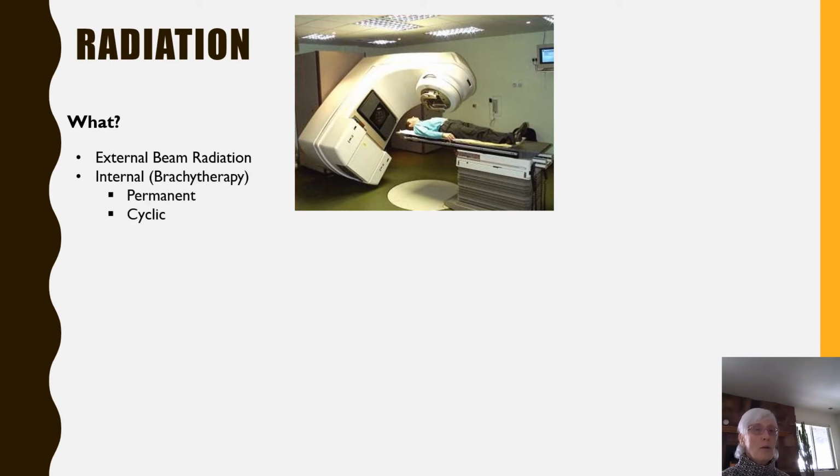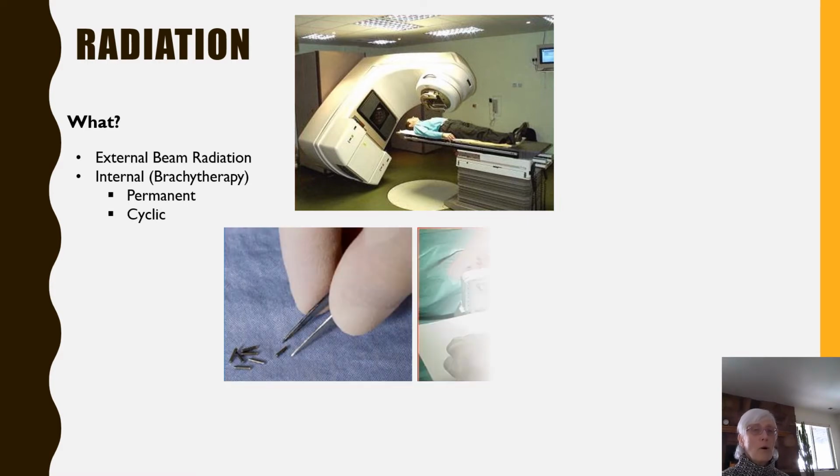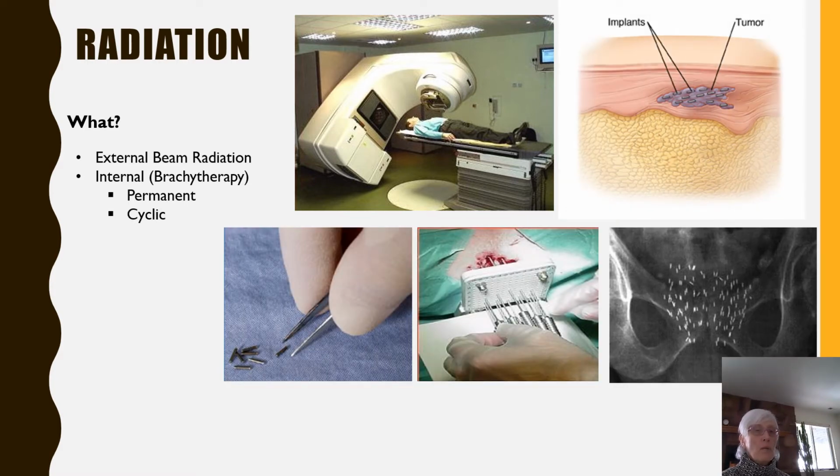There are also internal radiation therapies, and these are referred to as brachytherapy. Brachytherapy can either be permanent or cyclic. The next image shows you the first of those. Permanent brachytherapy is accomplished by implanting radioactive pellets, and these radioactive pellets are implanted and they emit radiation to the surrounding tissue.